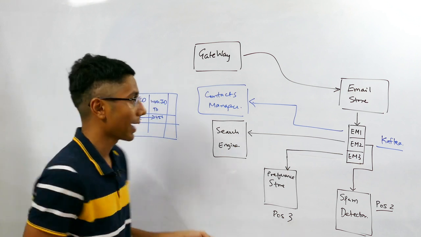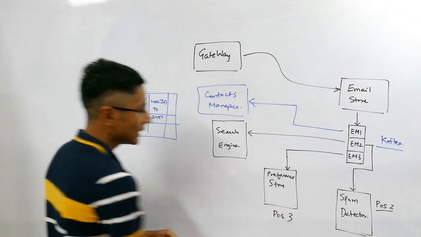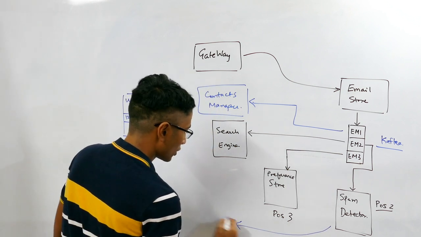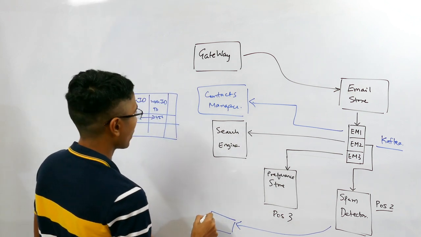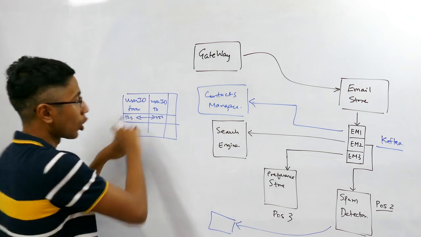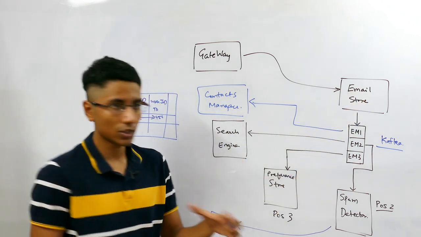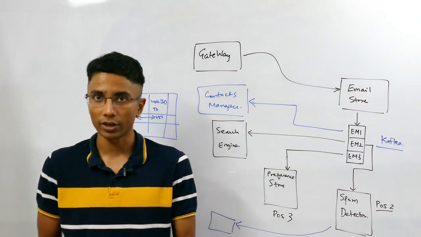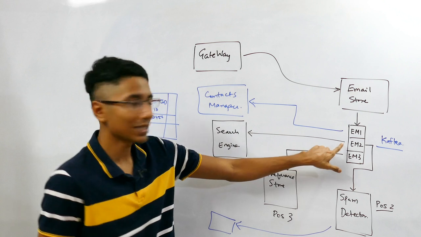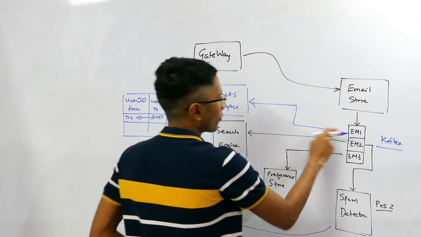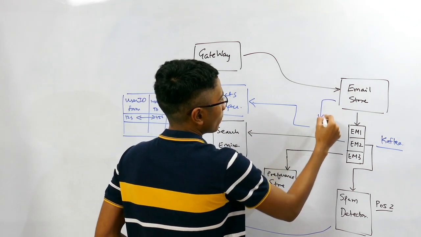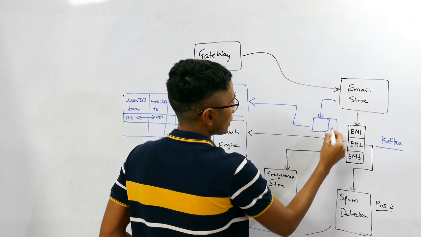So if you mark it as spam, then the contacts manager needs that information to actually be able to tag it as not a contact. Or we can do the other smart thing, which was the email store is storing whether this email has been processed yet or not. So you don't pull from the same queue, you in fact pull from a different queue which sends you only processed emails.